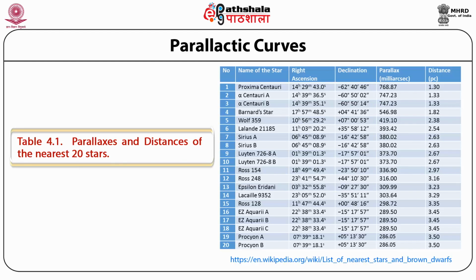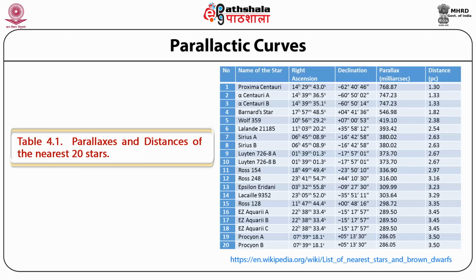The right ascension of Proxima Centauri is 14 hours 29 minutes 43 seconds and its declination is minus 62 degrees 4 minutes 46 seconds. Parallax measured in milli-arcseconds is 768.87 and its distance is 1.30 parsec.